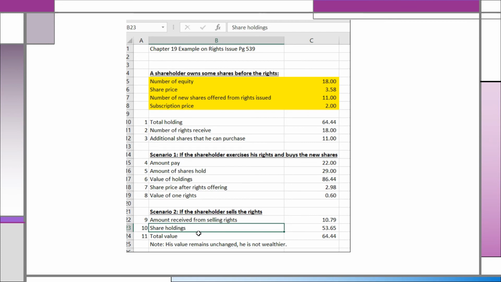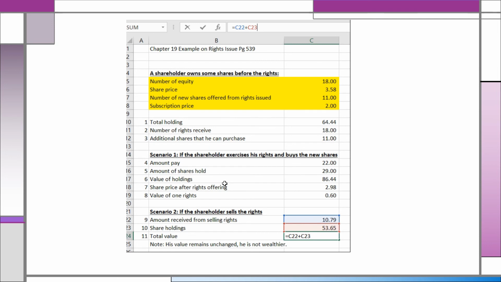Question 11. How much is his total gain? Is he wealthier? As you can see, he now owns 18 shares and some cash from the selling of the rights.